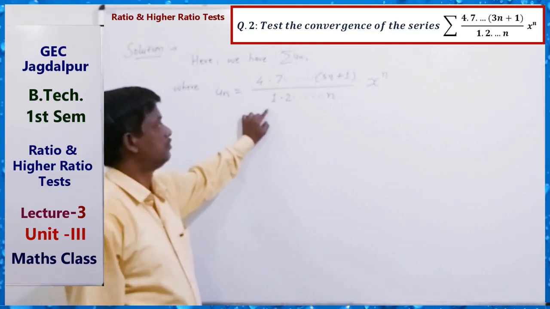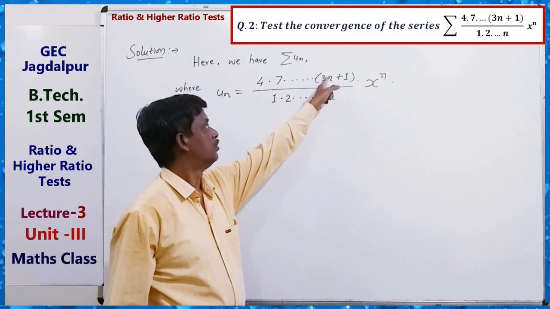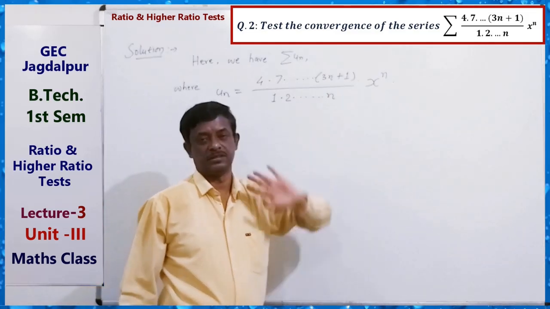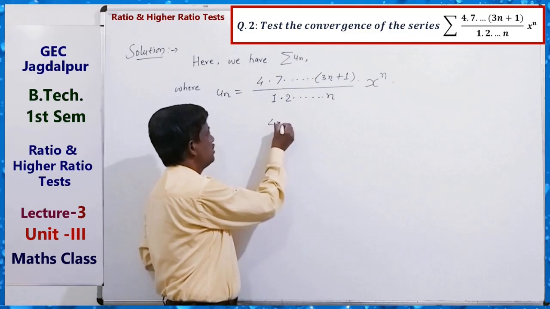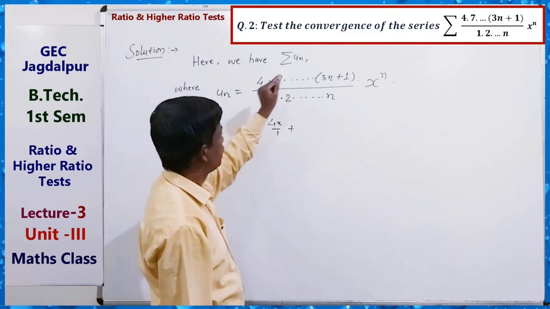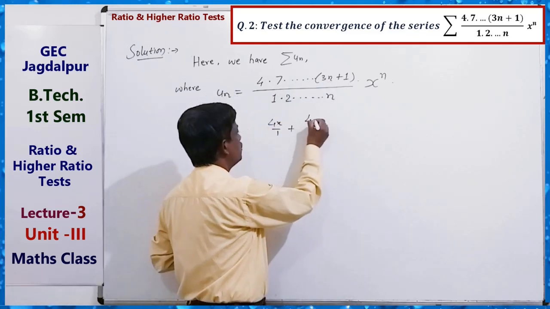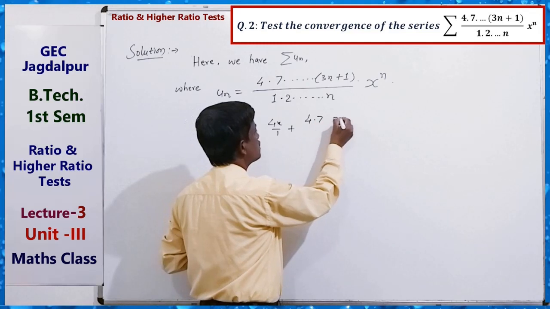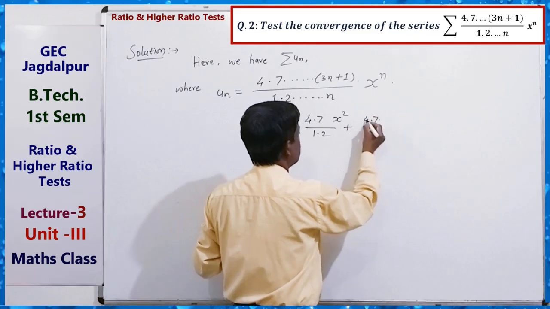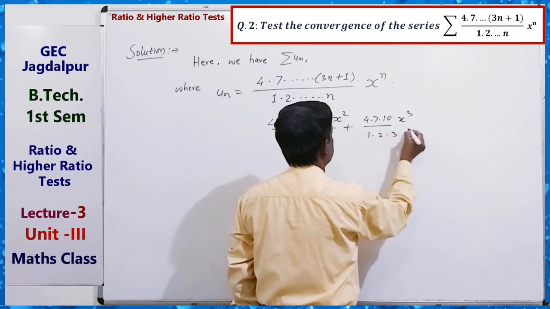So n equals 1, here n equals 1. So what? 4 by 1, 4x by 1, plus, if n equals 2, the first value will be 4, the second value 4 into 7, x to the power 2 upon 1 into 2, third 4, 7, 10, x cube upon 1, 2 into 3.